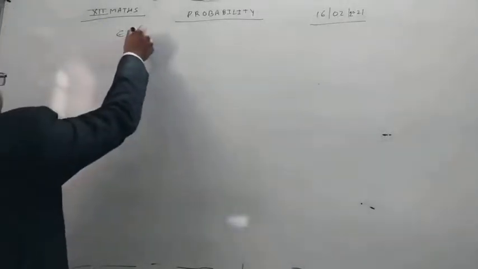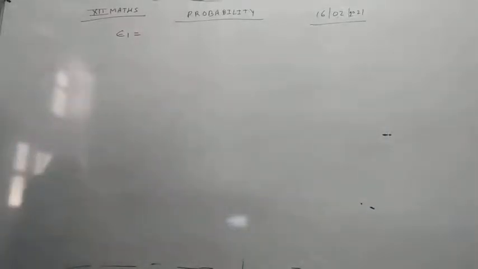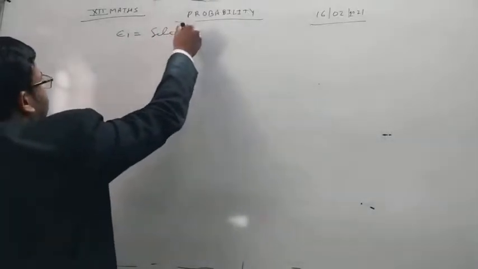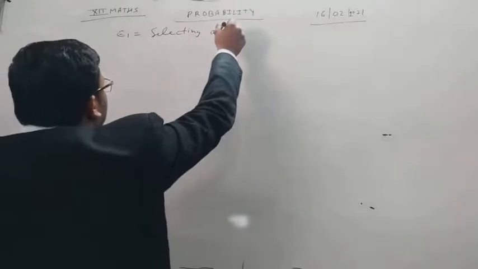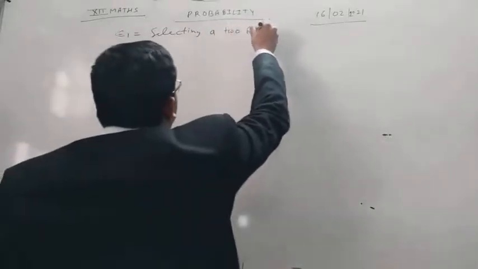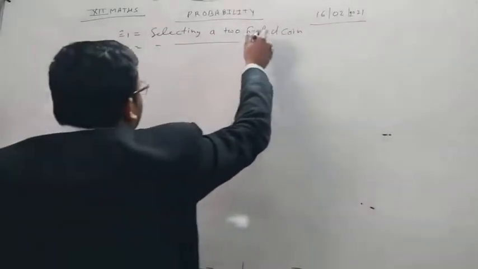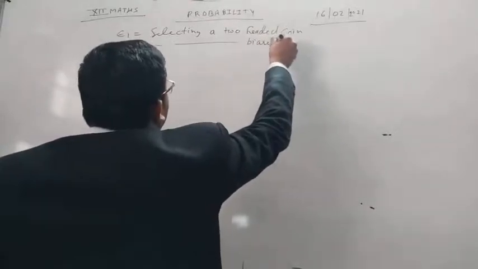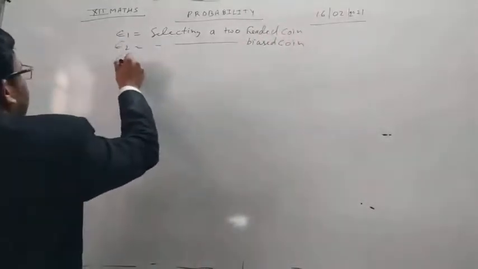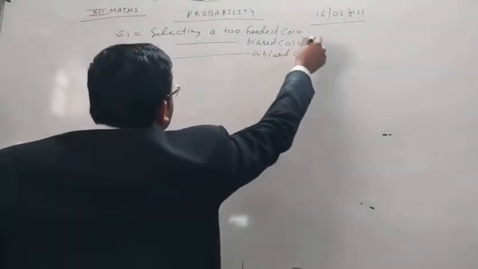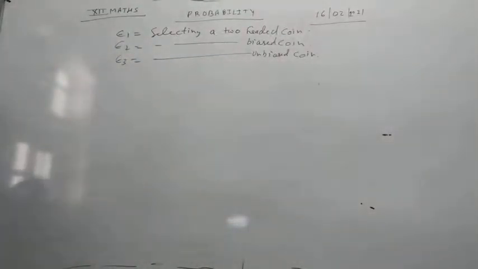E1 is selecting a two-headed coin, E2 is taking a biased coin, and E3 is selecting an unbiased coin. Okay, students. So there are the three cases. We have made the three events E1, E2, and E3, and now students.